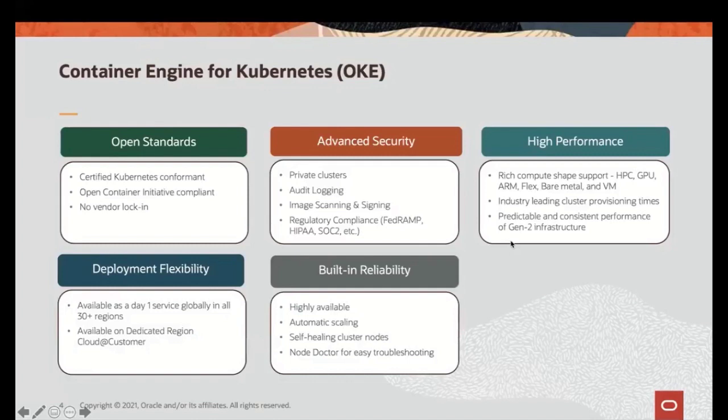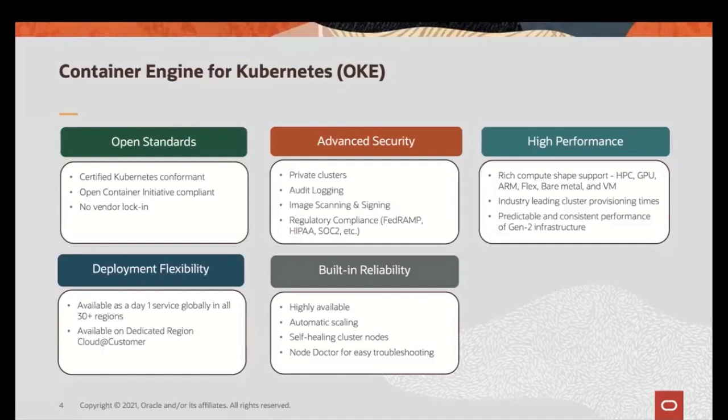OKE is highly available by default, and we take advantage of the architecture of OCI. Your region might be organized in different availability domains and for sure fault domains, and OKE takes advantage of this.